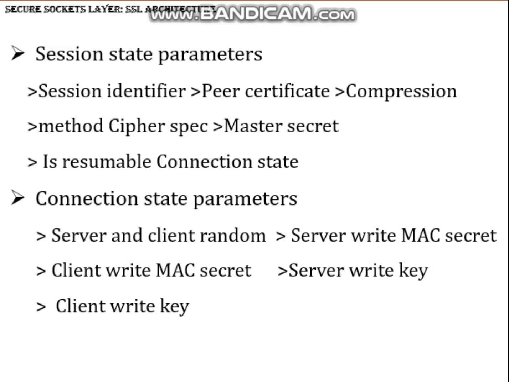Sequence numbers: each party maintains separate sequence numbers for transmitted and received messages for each connection. When a party sends or receives a change cipher spec message, the appropriate sequence number is set to 0. The sequence numbers may not exceed 2^64 minus 1.